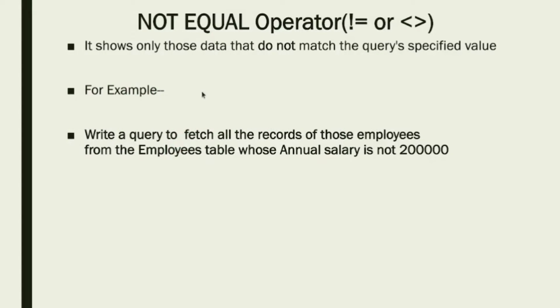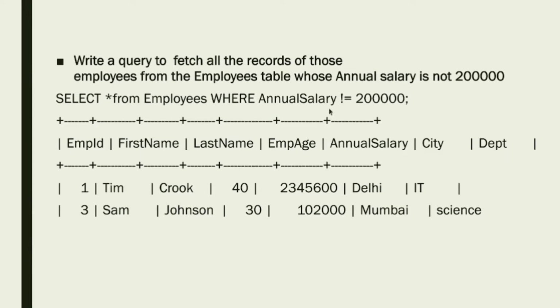It shows only those data that do not match the query's specified value. For example, write a query to fetch all the records of those employees from the employees table whose annual salary is not 2 lakh. We have to use this sign, not equal. Let's check in the terminal.